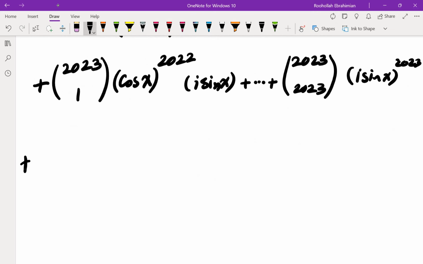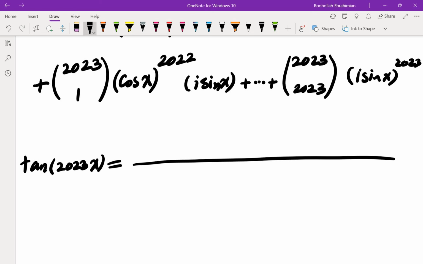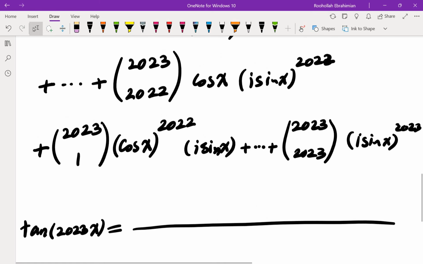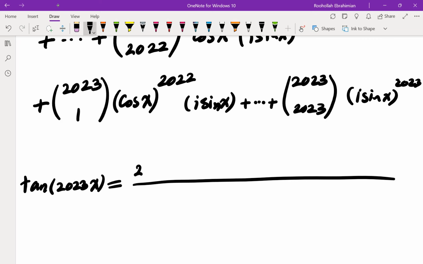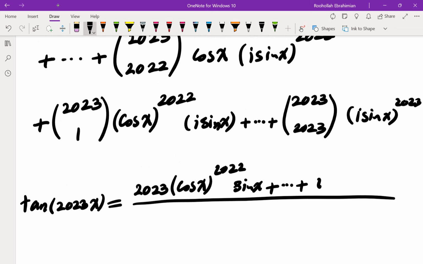Now when we look at the tangent of 2023x, we get sine, which is the imaginary part, the part that has i. So that starts with 2023 choose 1, which is 2023, cosine of x to the power of 2022 times sine of x, and ends with 2023 choose 2023, i to the power of 2022 because I have to take out one of the i's, and then sine of x to the power of 2023.